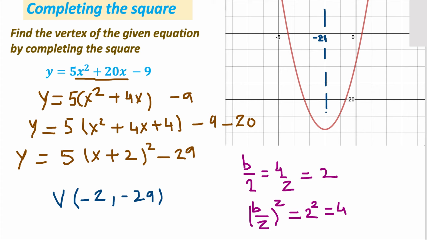And we see very clearly in this point here is the vertex, V. But you see here is a 5, 10, 15, 20, 25, 30. So here is a 29. So it makes sense. Here is the vertex. And this is the vertex that we found by completing the square.